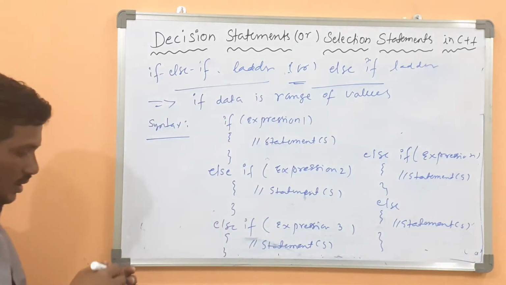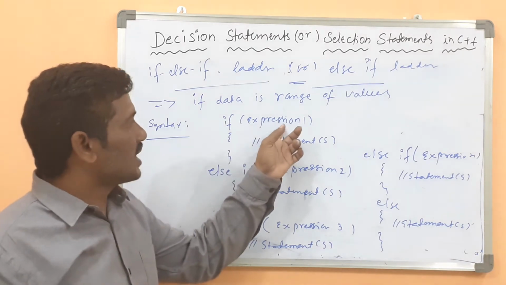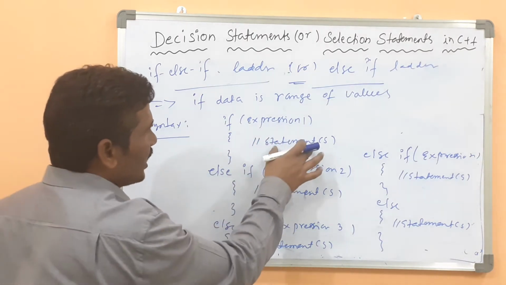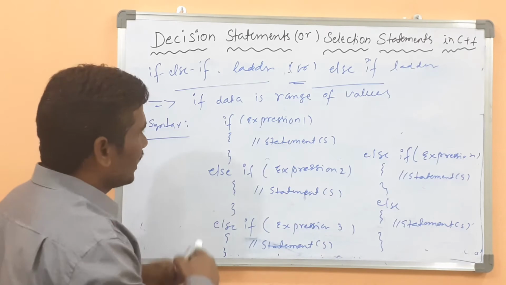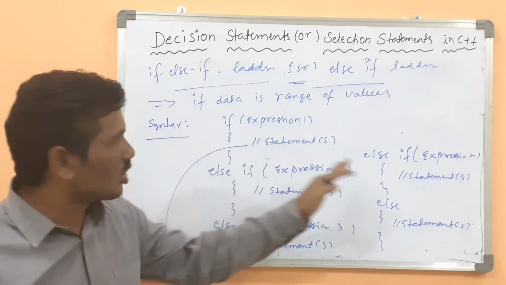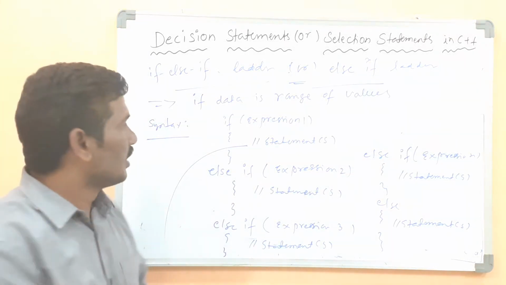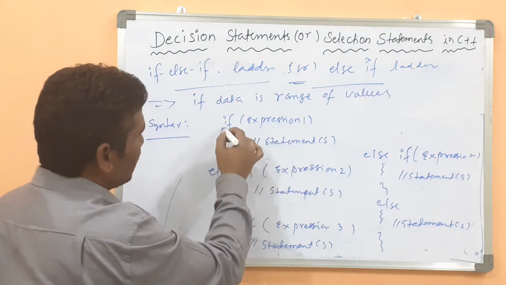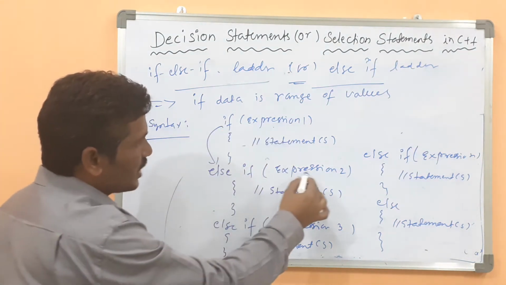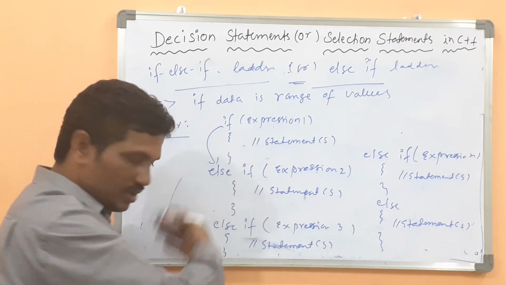If expression 1 is true, then the statement will be executed, then it terminates and we come out of the else if ladder. If it is false, it comes to the next one. If that is true, the statement will be executed, then it jumps out.